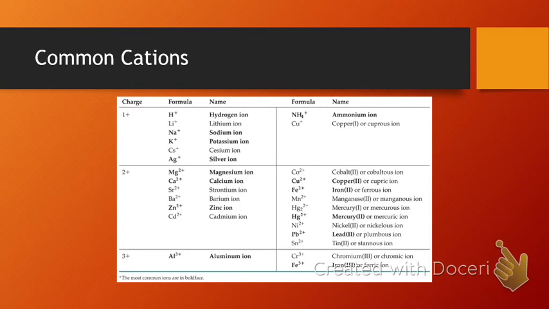First of all, the alkali metals, like hydrogen, lithium, sodium, potassium, and cesium, they form +1 charges. So you need to know the ones that are specifically in bold. So we have hydrogen, sodium, potassium, and then silver is a transition metal, but it also forms a +1 charge.